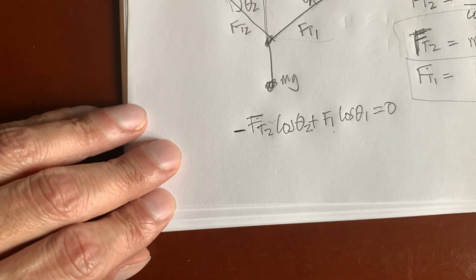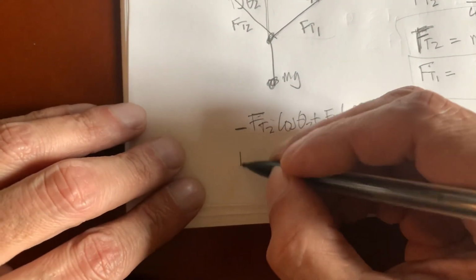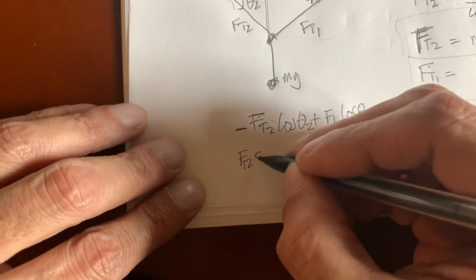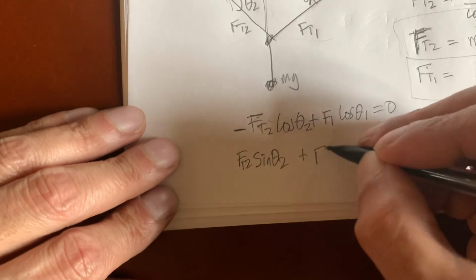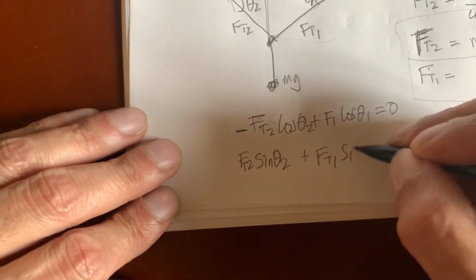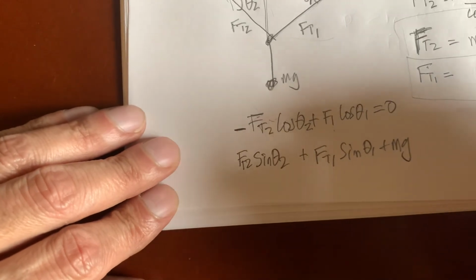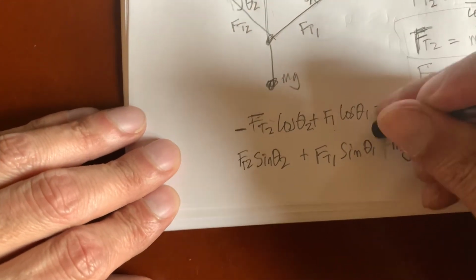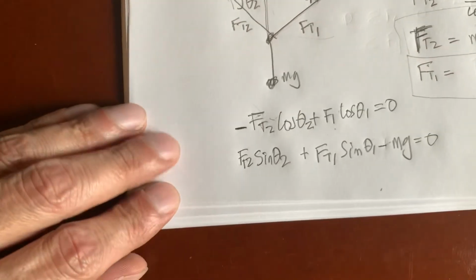So that'd be one equation. And then in the y direction, you would have FT2 sine of theta 2 plus FT1 sine of theta 1 plus mg, or let's say minus mg, because that's downwards, is equal to 0.